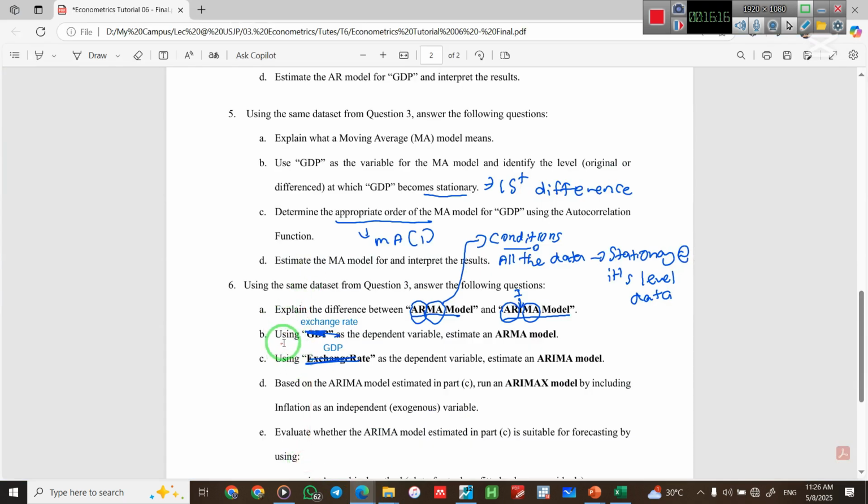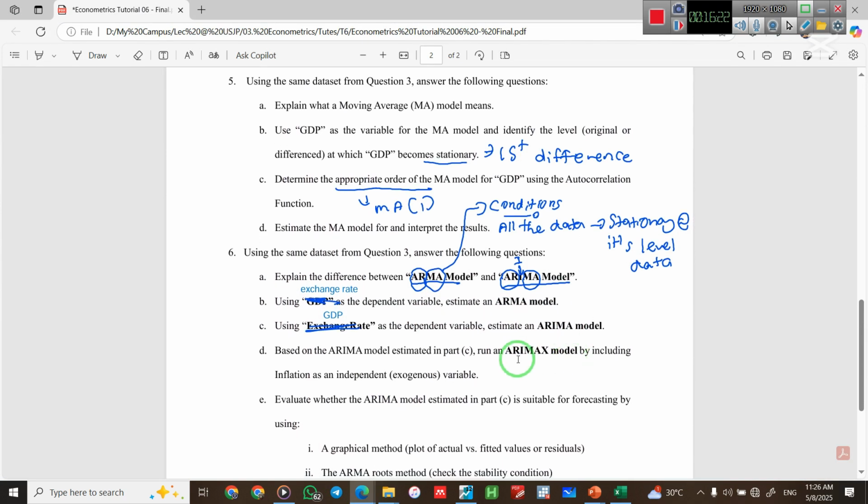Now we have estimated the ARMA model and also the ARIMA model, and in part D they asked to, based on the ARIMA model estimated in part C, run an ARIMAX model by including inflation as an independent variable.